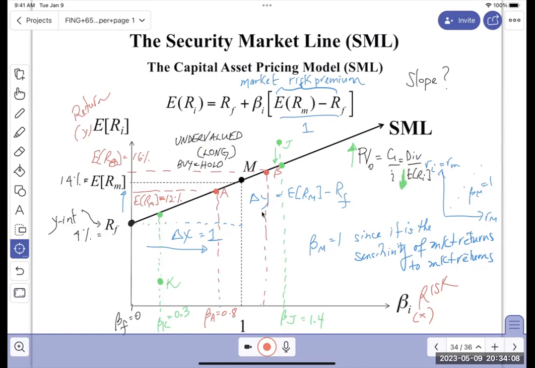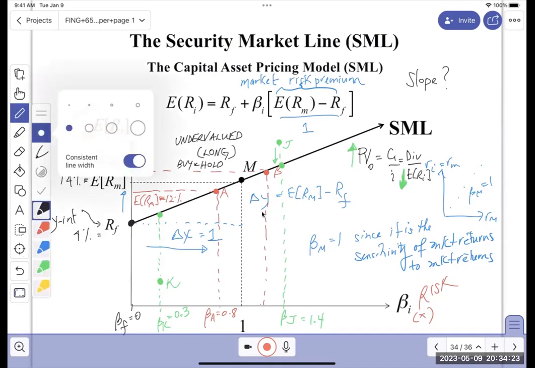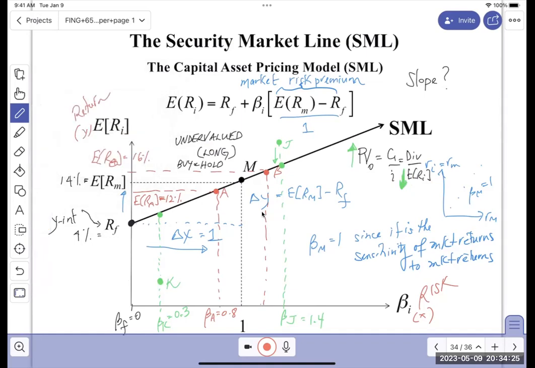It was undervalued. But for K, the return is too low, so they want to get rid of it, right? They're going to try and sell K. As a result of selling K, what's going to happen? They're going to offer lower and lower prices for K.